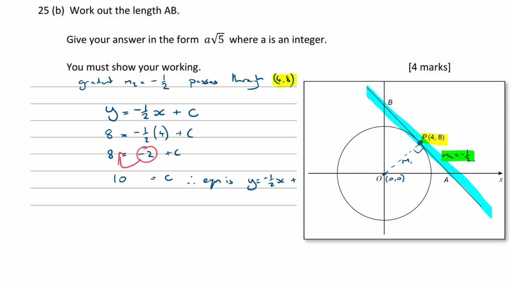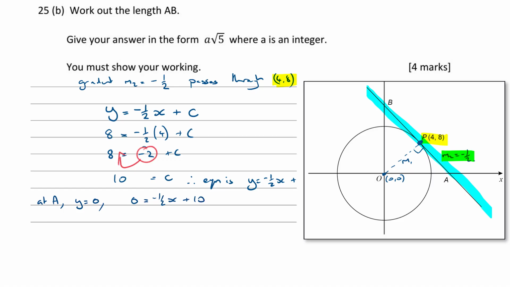Okay, so let's find the coordinates of A and B first, and then we can find its length. So at A, which is the bottom one, wasn't it? Yeah, the bottom one is when y is equal to 0. It's the x-intercept. So at A, y is equal to 0, so we've got 0 equals minus a half of x plus 10.